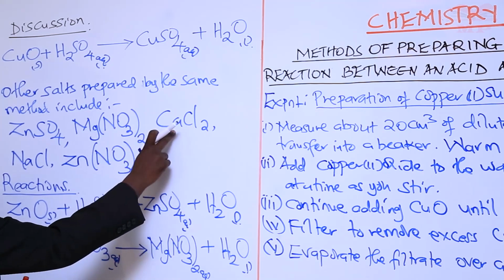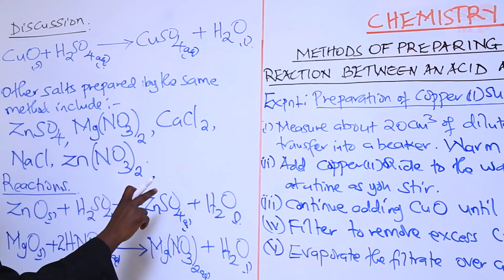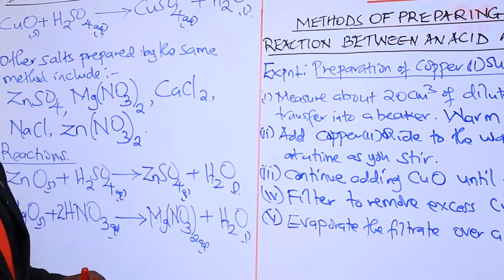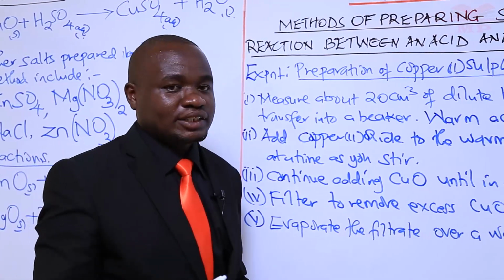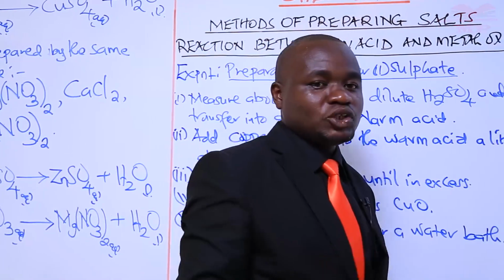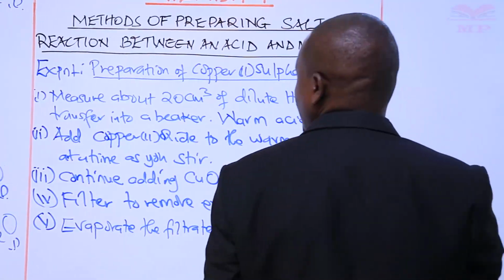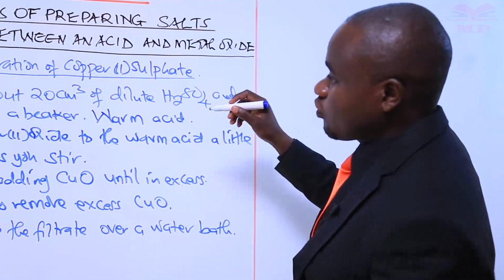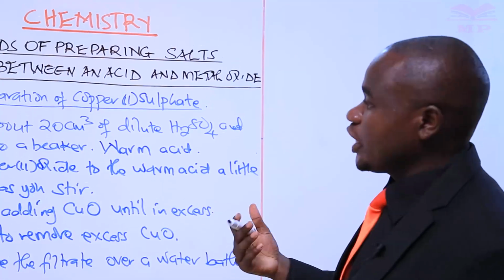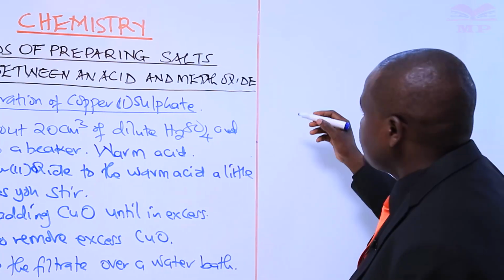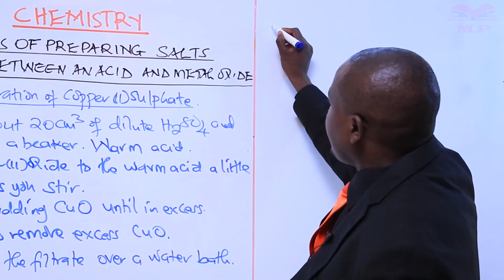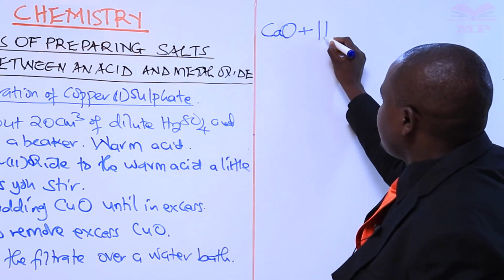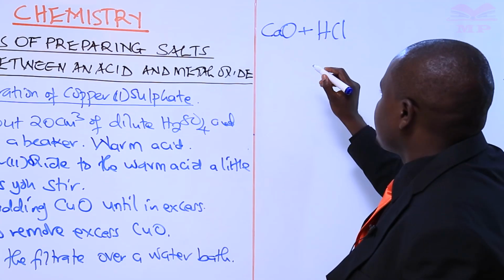The next one is calcium oxide. Remember, we are looking at how the salts are formed by the reaction between an acid and a metal oxide. So how can we form calcium chloride? From the name chloride, it means we are using hydrochloric acid. So this will be the reaction. It's going to be calcium oxide reacting with HCl, the other name, hydrochloric acid.